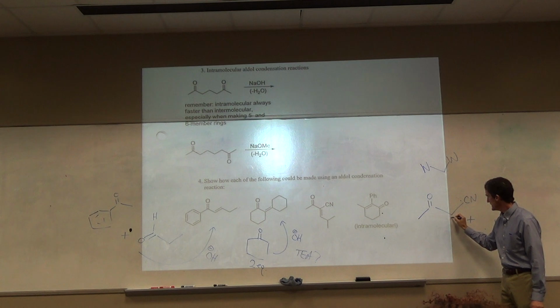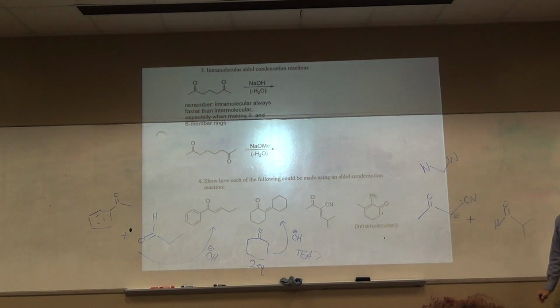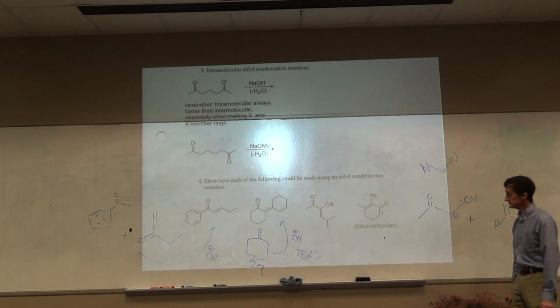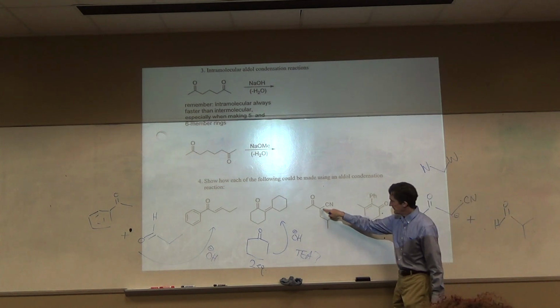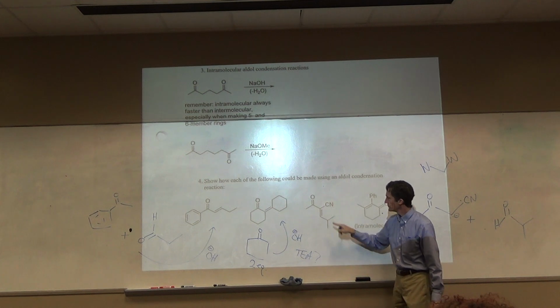It's going to be very easy to make an anion here, and then this will condense onto the carbonyl. Same aldol mechanism, elimination of water to make the alpha beta unsaturated carbonyl. It's also alpha beta unsaturated to the cyano group.